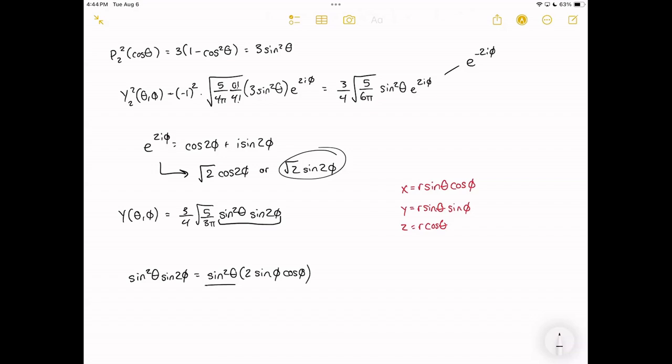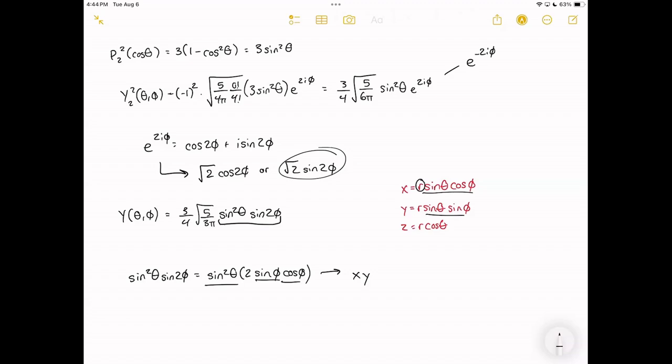And so that means I've got a sine squared theta, a sine phi, and a cosine phi. That's going to look like sine theta, cosine theta, sine phi. So the variables here, I can represent my sine squared theta and my sine 2 phi with the Cartesian coordinates x, y, which means that this is a dxy orbital. That's where the nomenclature like that comes from.